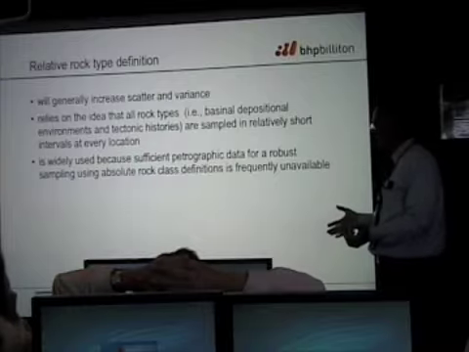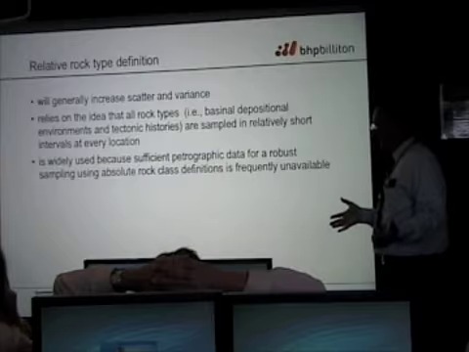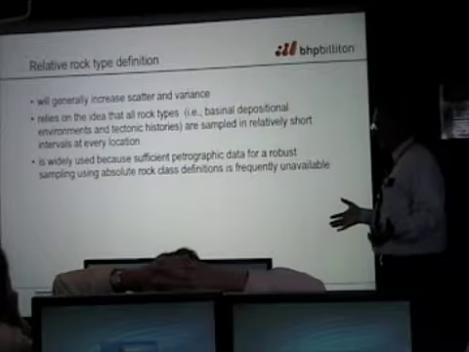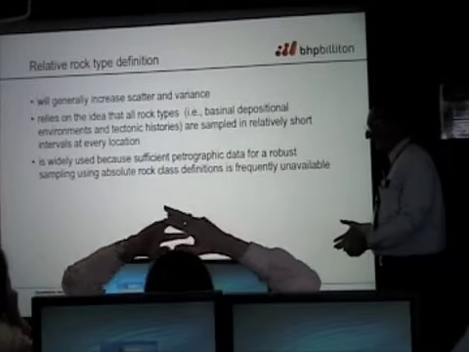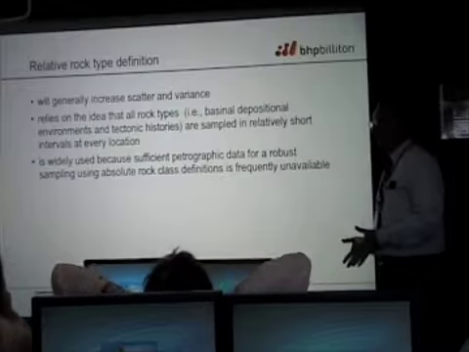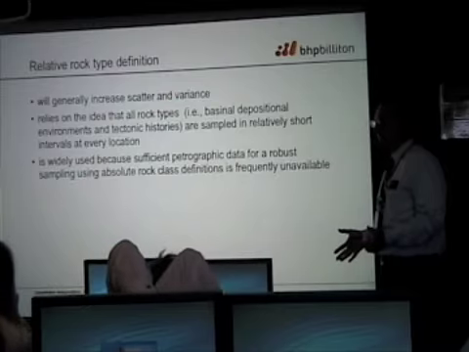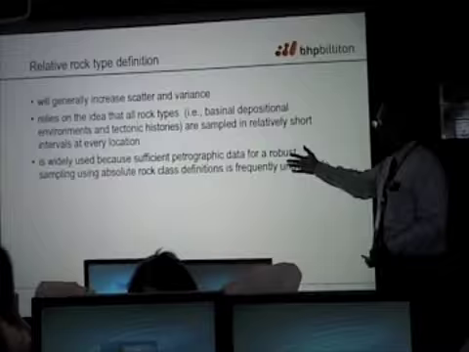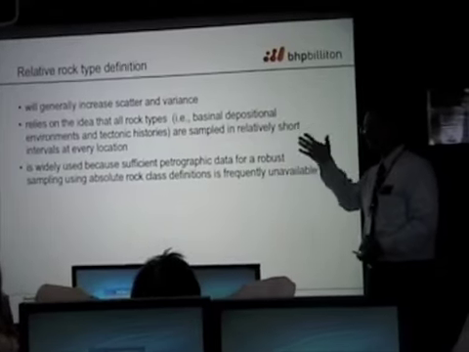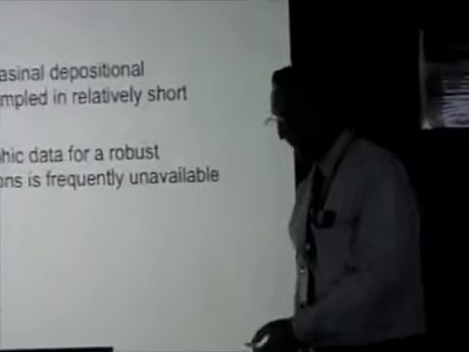You may have, if you're lucky, 3 or 4 wells to work from in which you have logs. And if you have core in a couple of intervals of one of them, you'll be lucky. So you're just not going to have this information for absolute definitions. But check that information if you have any of it.